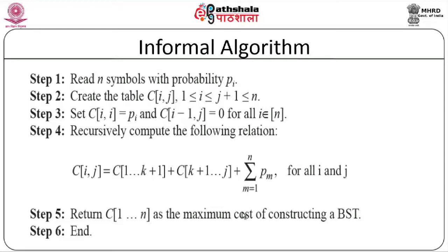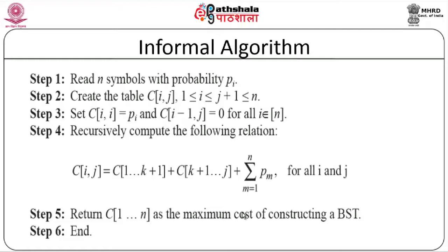We initialize the table with C of i comma i equal to p of i, and C of i comma i minus 1 equal to 0 for all elements i from 1 to n.